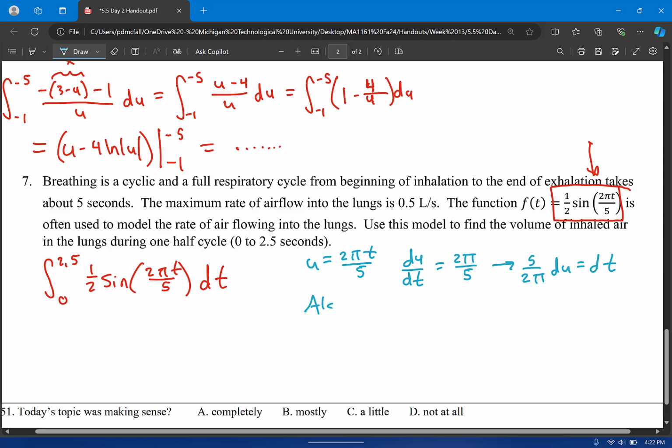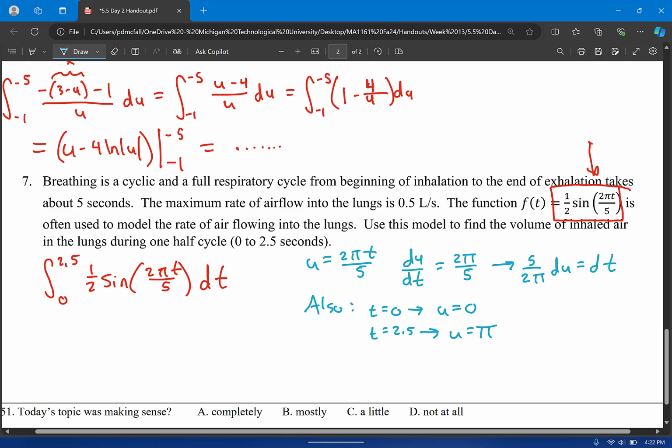Also, when t is equal to 0, u is also equal to 0 based on our relationship between u and t. But when t is equal to 2.5, plug in 2.5, you get 2 times 2.5 is 5, divided by 5, you get pi. So you get pi from that relationship.